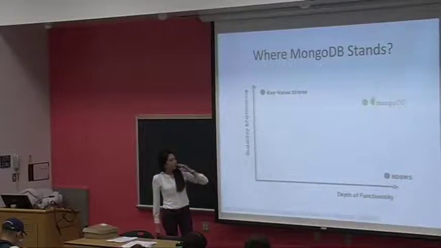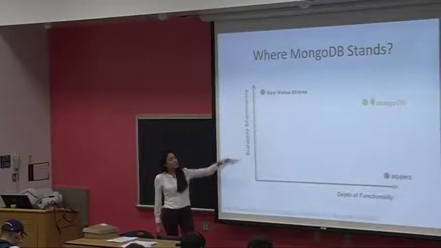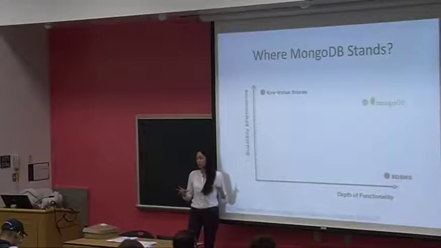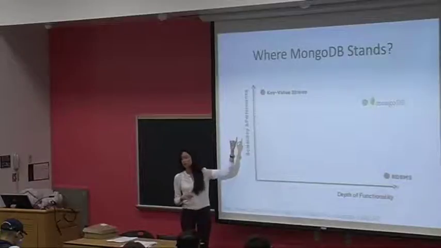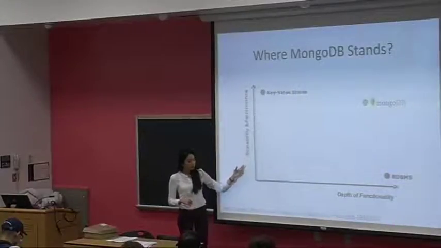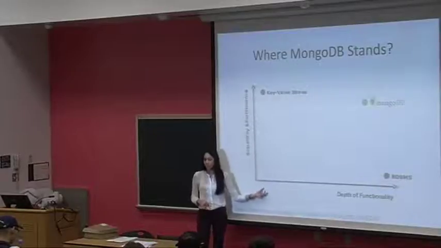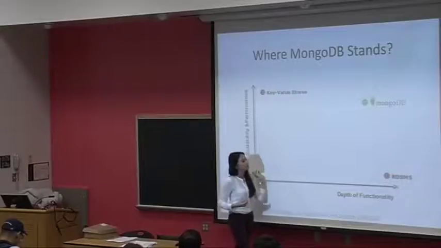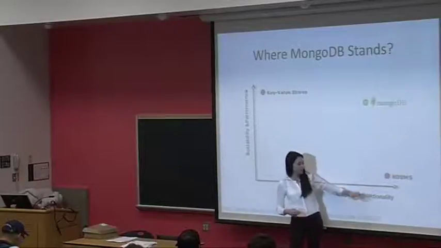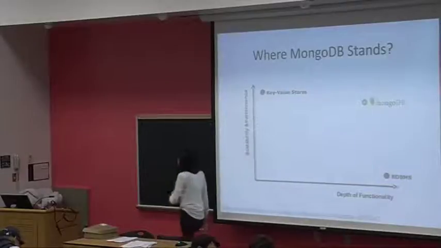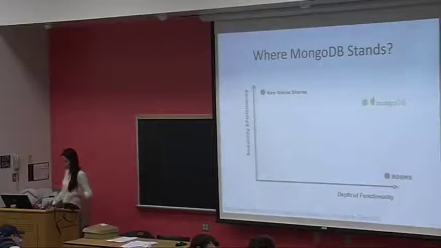And the original idea of NoSQL, if you remember from the imaginary evolution of NoSQL, the very beginning is key value. Key value store is really scalable, but when it was first developed, it lacked a lot of functionality. It's just too simple. It's just key value, that's all. So MongoDB defined itself at this sweet spot. They have good depth of functionality and good scalability. And whether it is true, that is for you to judge.